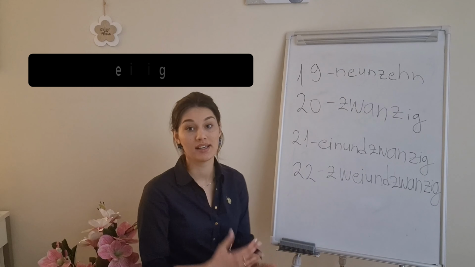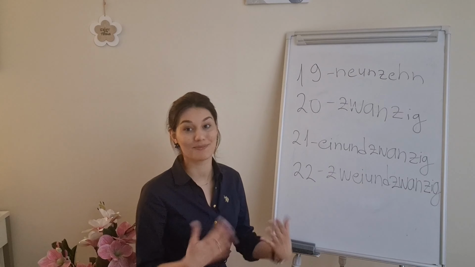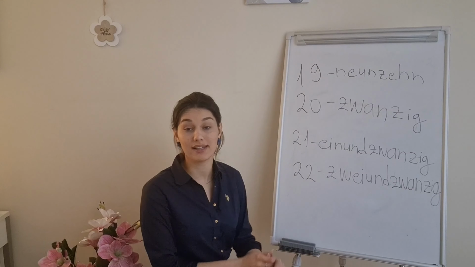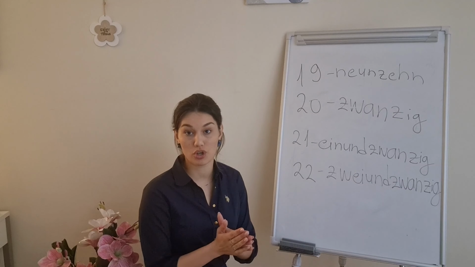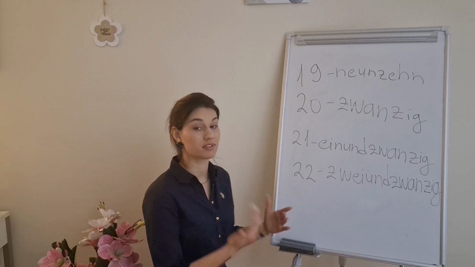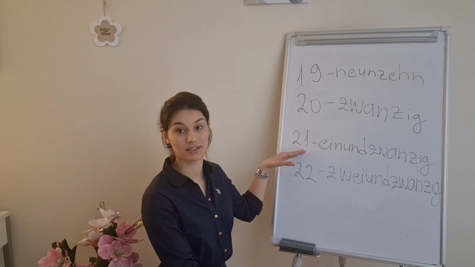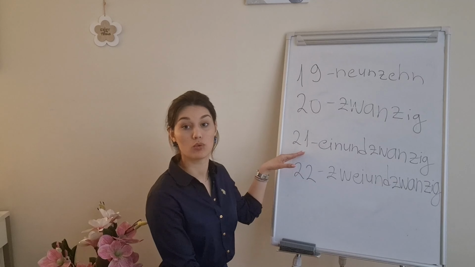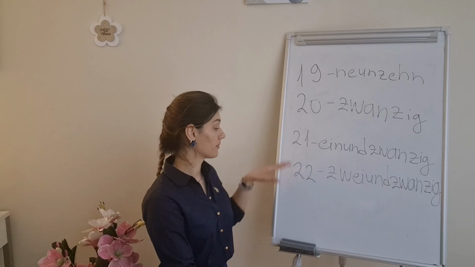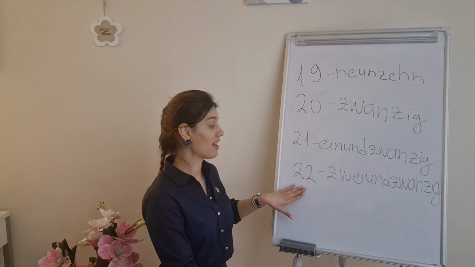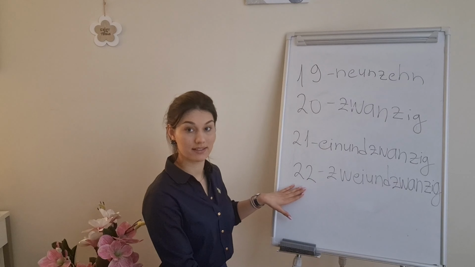So basically, this very long word means 1 and 20. So remember that. It's very important to remember. In German, this is the other way around. This will be read as einundzwanzig. Repeat after me. Einundzwanzig. And this number here will be read as zweiundzwanzig.